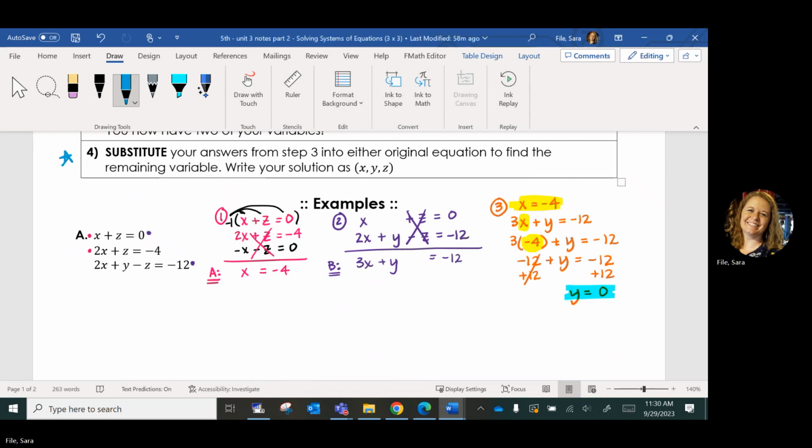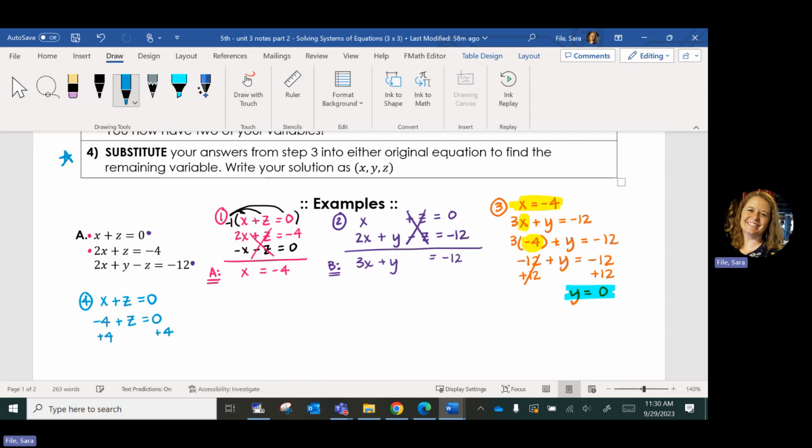Do y'all agree? Okay, so in my step 4, I'm going to pick the x plus z equals 0 equation, and all I have to substitute in is the x. There is no y to make a substitution, right? So this was pretty easy. I would add the 4 over.